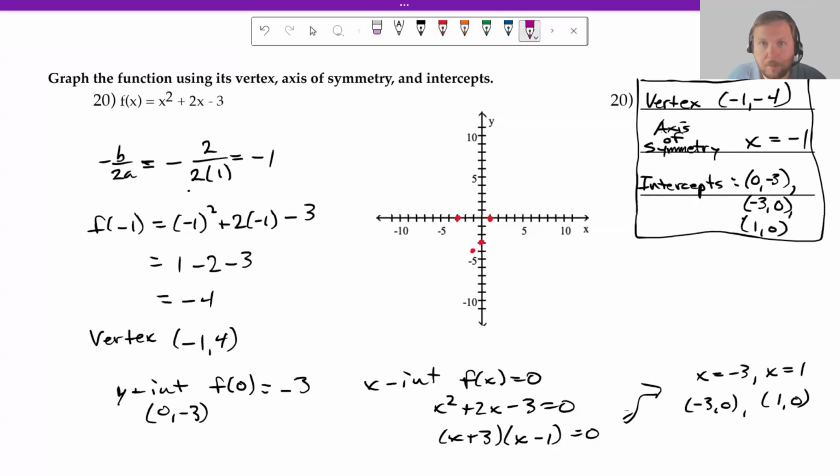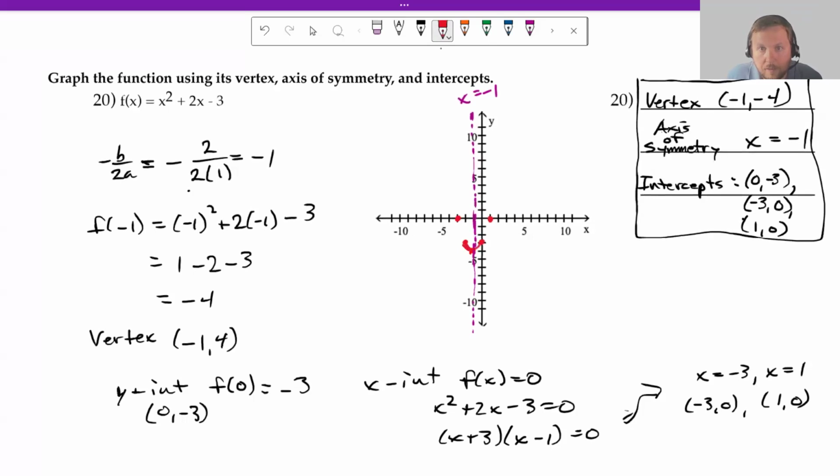Now our axis of symmetry is x equals -1. So going through here, and you can reflect your y-intercept across that.